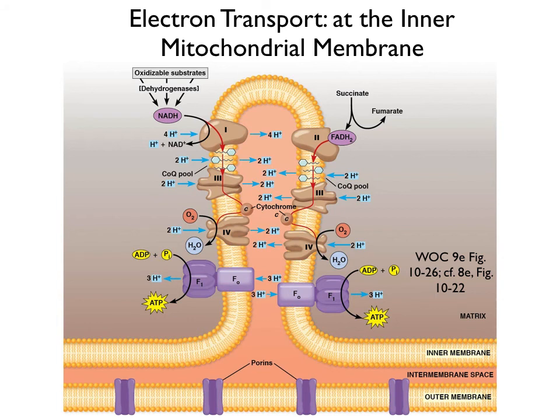And there are some round brown blobs labeled C. That's cytochrome C, another mobile electron carrier, a peripheral membrane protein that transfers electrons between complexes 3 and 4. In addition, you'll notice where NADH and FADH2 feed into complexes 1 and 2, respectively. Notice that the final electron acceptor, molecular oxygen, gets converted to water at complex 4.